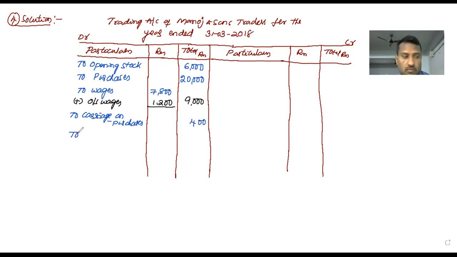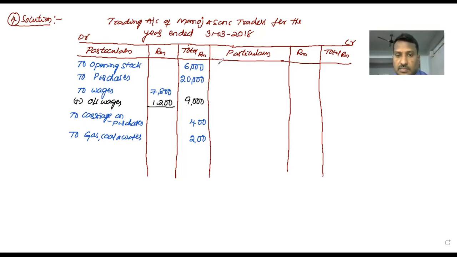And one more direct expense, gas, coal and water, 200 rupees. Yes, the debit side information is over: opening stock, purchases, wages, outstanding wages added, carriage on purchases, gas, coal, water.